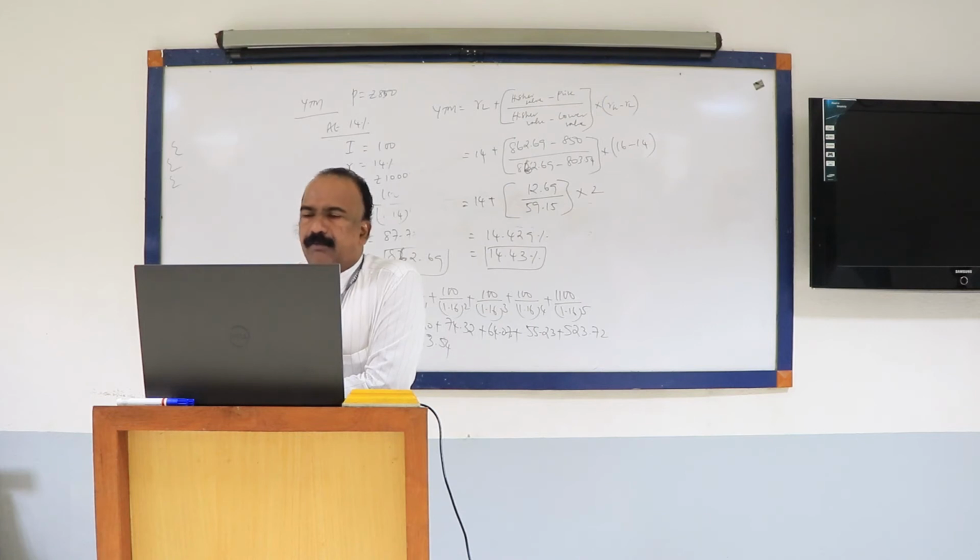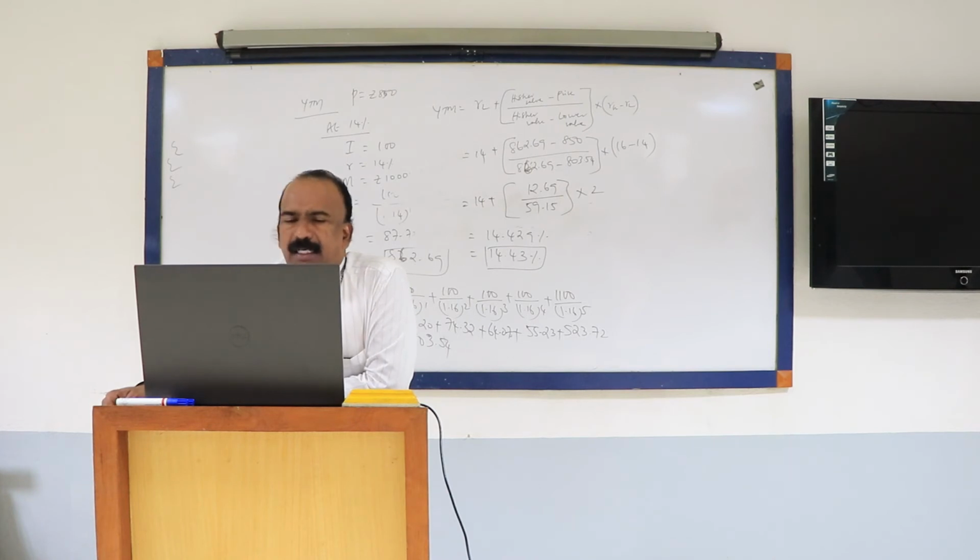So look at the first case here. The price of a 1000 par value bond carrying a coupon rate of 8% and maturing after 5 years is 1020.